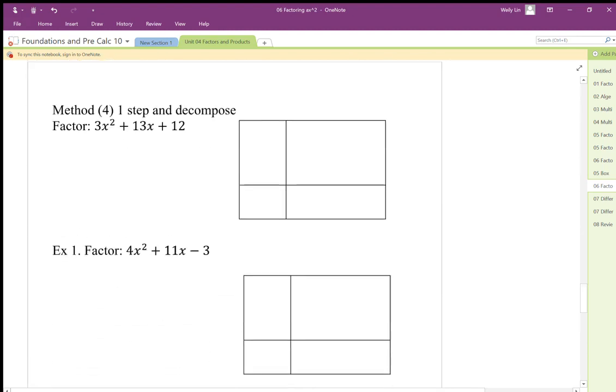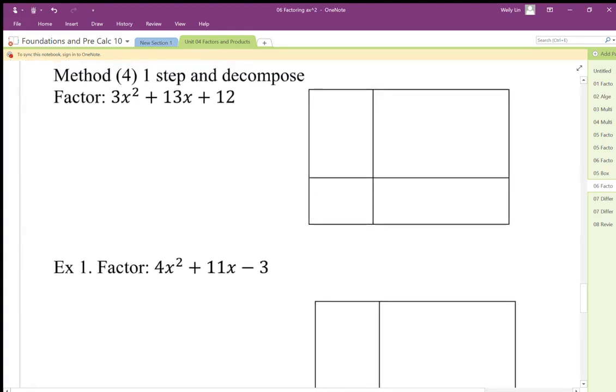The last strategy I'm going to show you is really just the same as what we did before. We're going to use the cross-diagonal product of 36, and then use that 36 to find our split for the 13x. So we end up with 3x squared here, 12 here, and our cross-diagonal product is 36x squared.